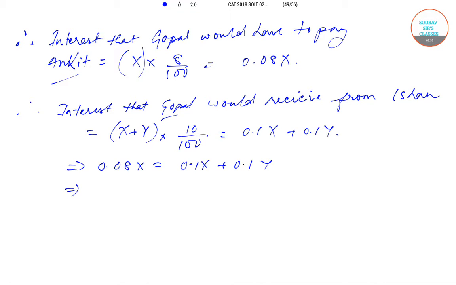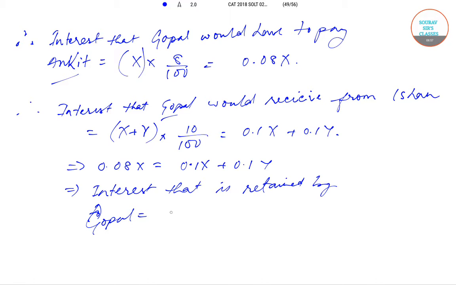So this would have ultimately resulted in the interest that is retained by Gopal being equal to 0.1x plus 0.1y minus 0.08x.